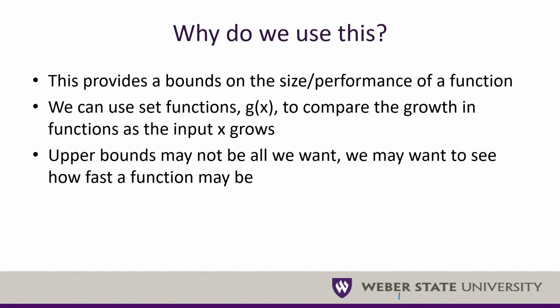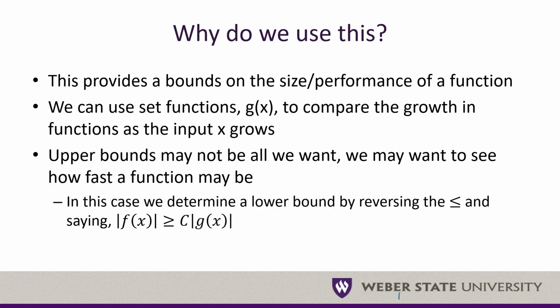But what that means is that we have reached a point where we can say with certainty that our best case is going to be order n for a bubble sort. So as a result, we may want a bound on the other side. We might say, well, bubble sort performs poorly most of the time, but how well can it perform? What's the best it can do?